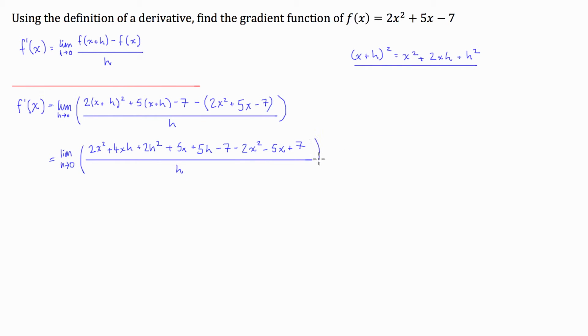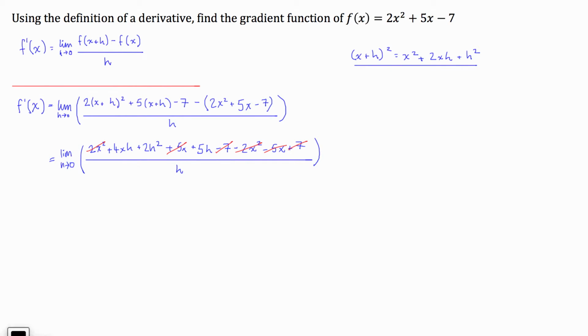Now, when you're doing any of these, especially when they're quadratics, they're always the same process. What we're going to do now is hopefully you'll be able to see we can do a bit of cancelling out of terms. We have 2x squared here and a negative 2x squared there, so we can just cancel those two out. We have a 5x here and a negative 5x there. We can cancel those two out. We have a minus 7 plus 7, so they cancel out to 0.